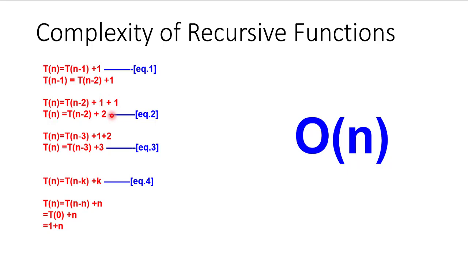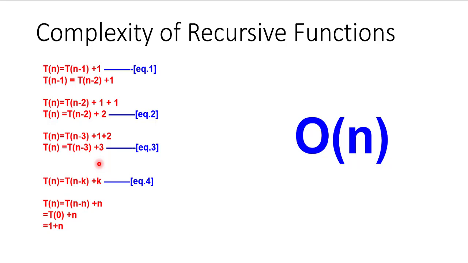Now we substitute this into equation 1 and it will make equation 2, which is t of n is equal to t of n minus 2 plus 2. Now let us also find t of n minus 3. For this we substitute our n minus 2. When we do it, we form equation 3: t of n is equal to t of n minus 3 plus 3.